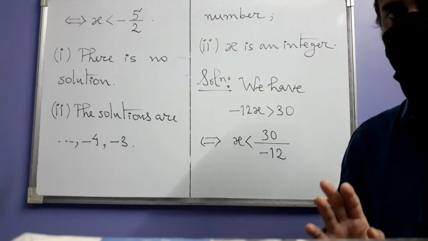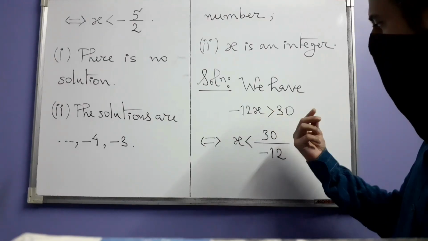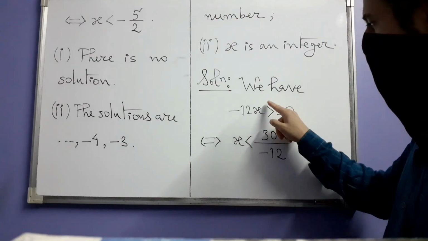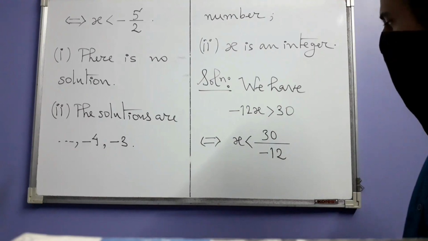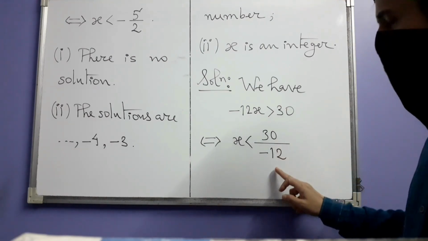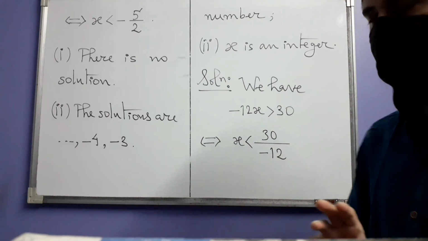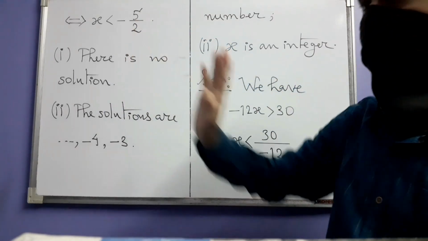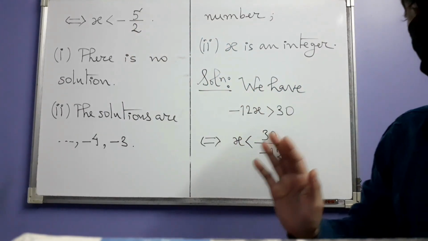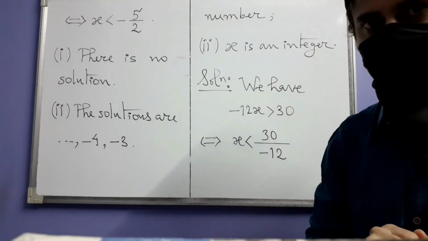Because minus 12 is negative, the inequality gets flipped. Originally it's like this, now it's like this after division. And then after cancelling the common factor 6 from the numerator and denominator, we have 5 divided by 2, which is 2.5. So x needs to be less than minus 2.5.